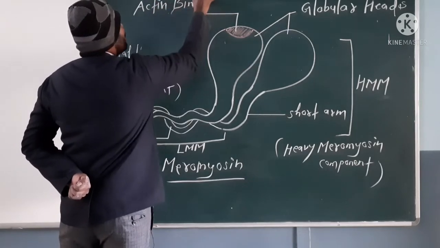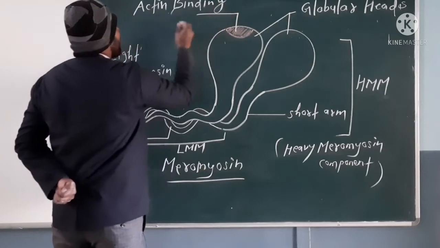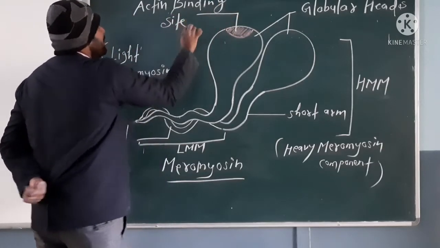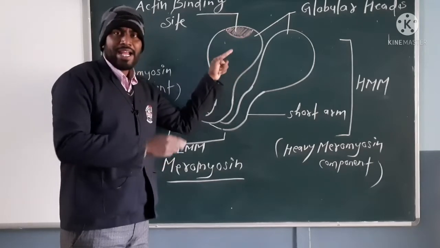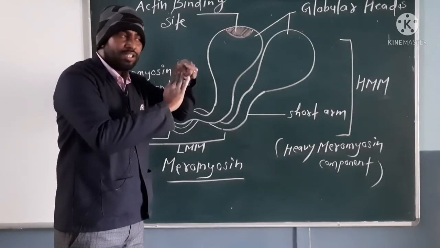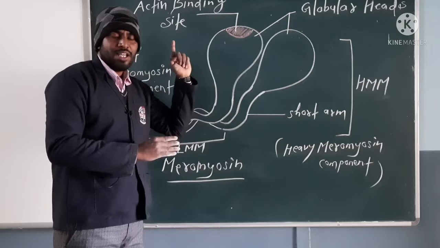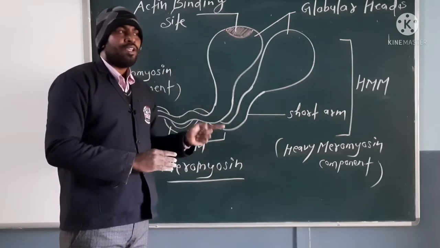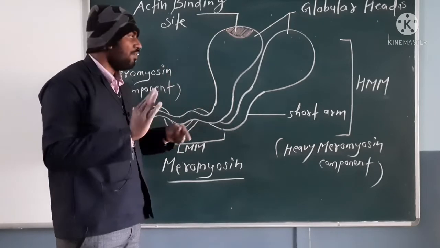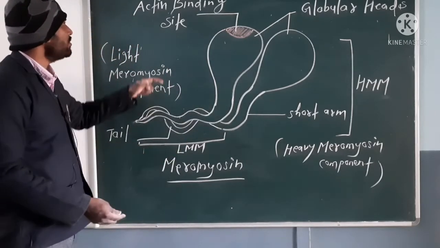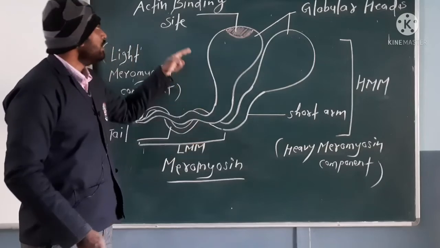By this, these globular heads are going to attach with the actin filament, specifically the globular actin in the filament. We will discuss that, don't worry, don't get confused. First of all, let's discuss this.